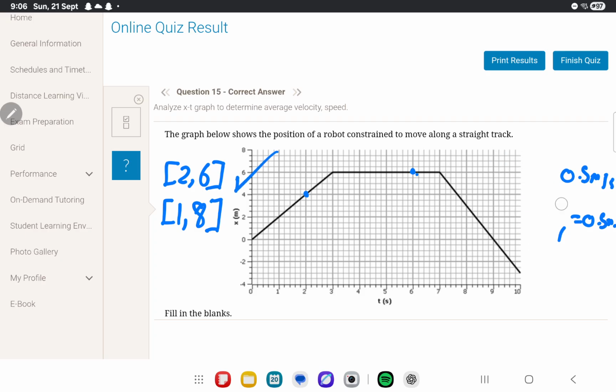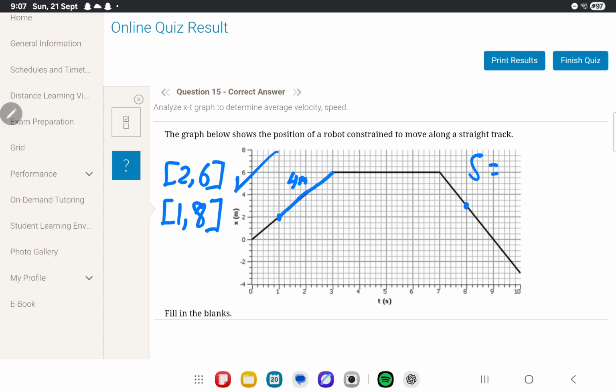Okay, now let's find it for 1,8. 1,8 is, sorry, here and here. Okay, the speed is distance over time. So the speed is going to be this part here covered, which is from 2 to 6, which is 4 meters.